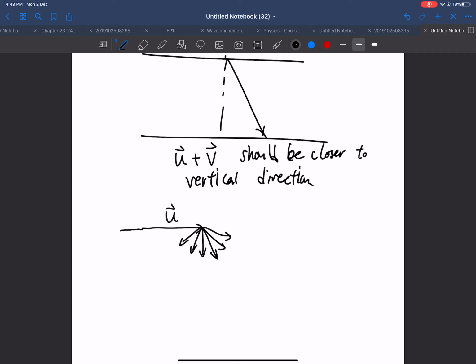It can point in any direction. So in which case will the vector u plus v be closest to the vertical direction?